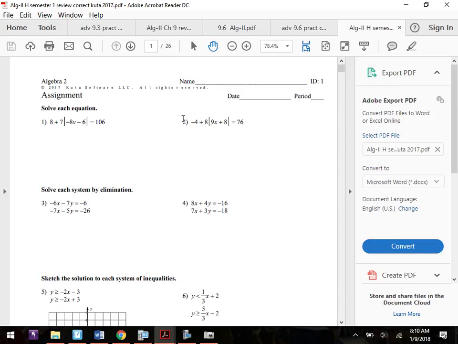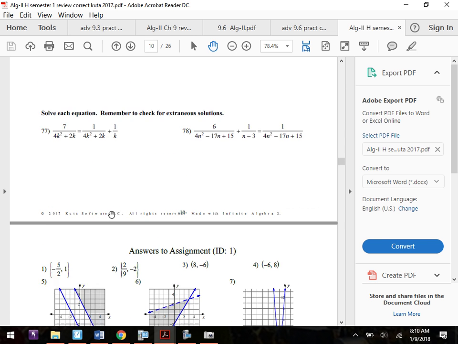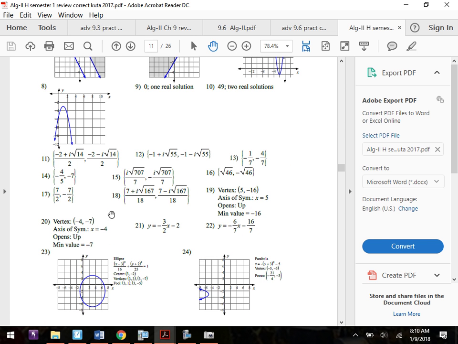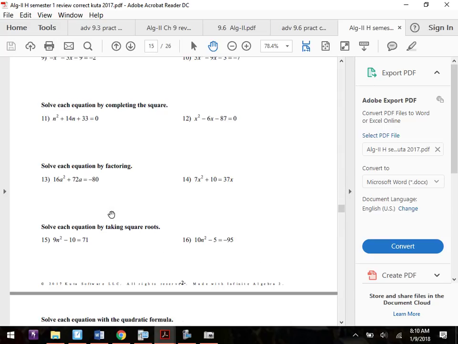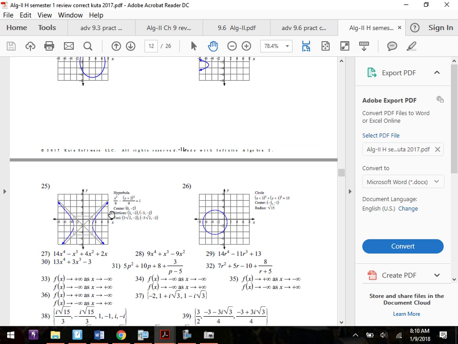Let's see. This one. It's just your test, so all you have to do is just prepare for it.